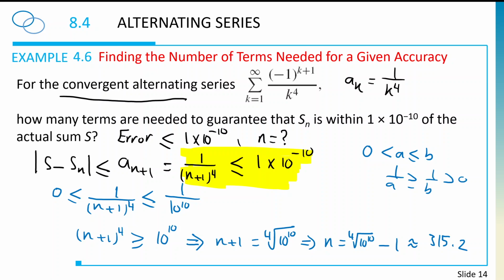So it's not rounding, we take the next integer. So n equals 316. That means I need a minimum of 316 terms to get this accuracy. 316 terms, it's a lot.